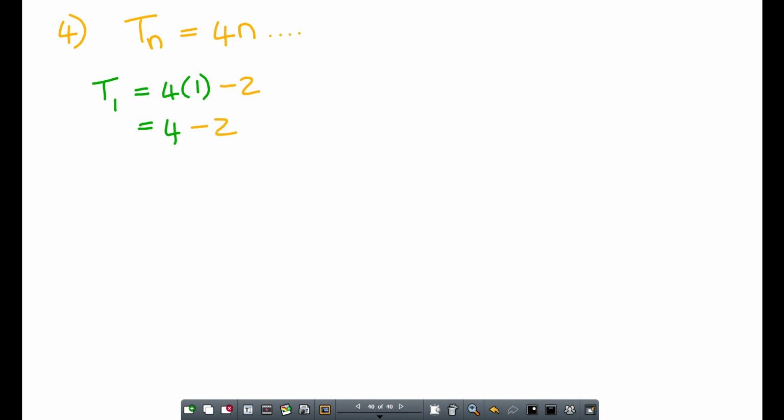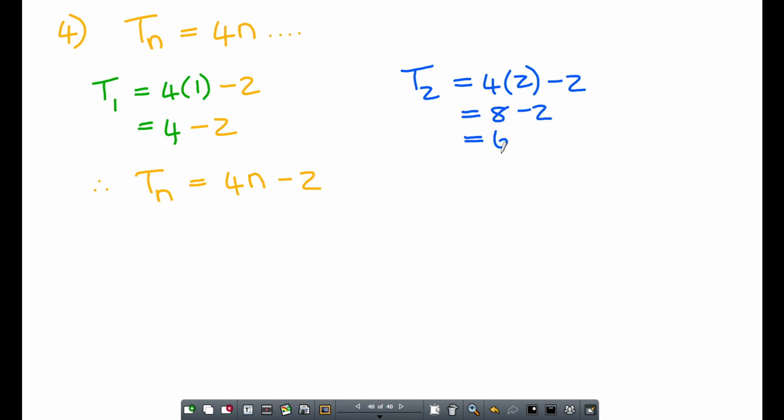So I think term N is equal to 4N minus 2, but let's test term 2 as well. Term 2 is 4 times 2 minus 2, which gives me 8 minus 2, and my answer will be 6. And what is term 2 in that number line? 6. So I know my answer is correct. Term N is equal to 4N minus 2.